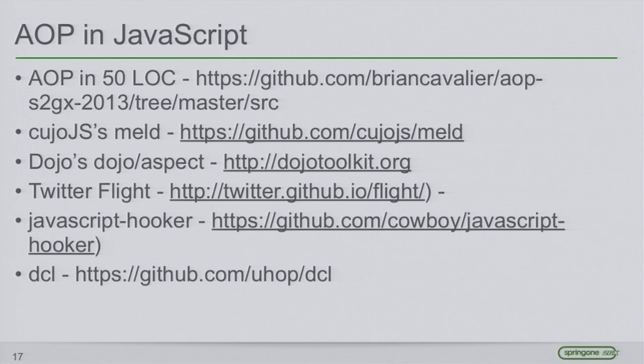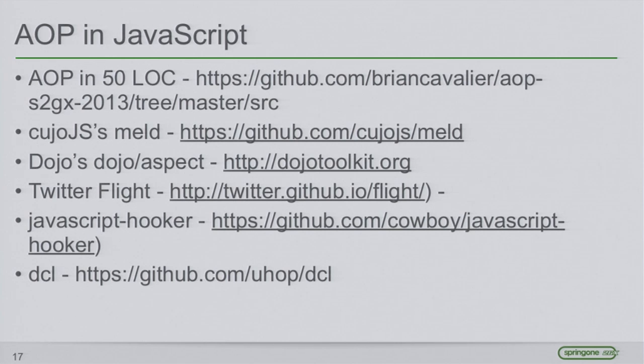Twitter's new flight widget library, which is relatively new, uses AOP advice a good bit in binding certain things together. Dojo, of course, Dojo has done everything already, and they did it 10 years ago. But they've had AOP for quite a while, and it's sort of been resurrected and given more prominence in newer versions with this new module, Dojo Aspect.